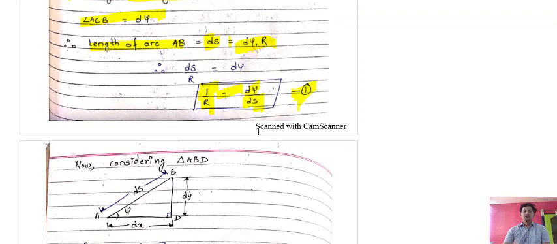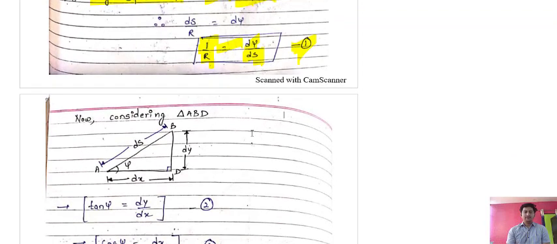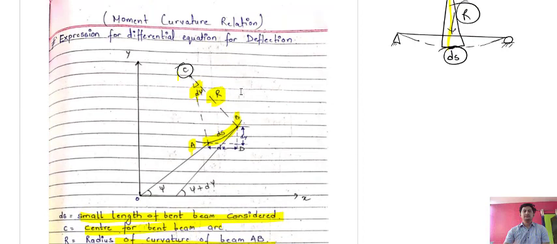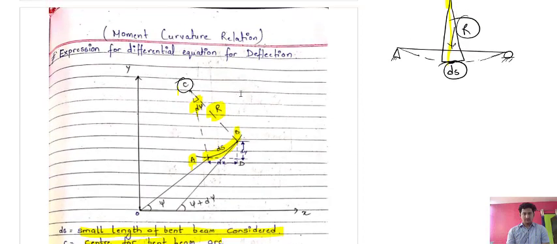Now we are considering the triangle ABD. This is the small triangle, and in this triangle this side is dx and the vertical side is dy.